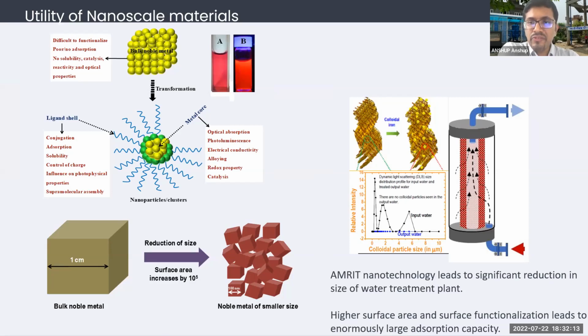The concept of embedding them inside a matrix was also to make sure that nanoparticles don't leach out in any situation. That's why we embed them into a matrix. And these are the kind of properties which you can observe.